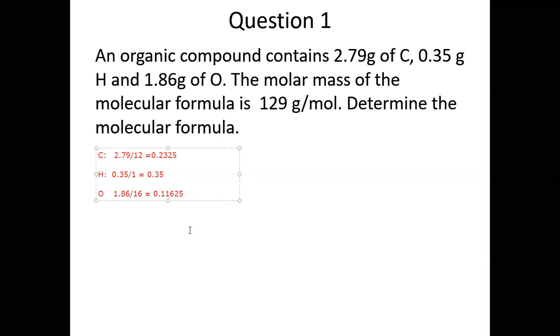So we found the moles of each element. So now we'll notice that here oxygen has the fewest number of moles. So to find the ratio, we're going to divide each one by the moles of oxygen.